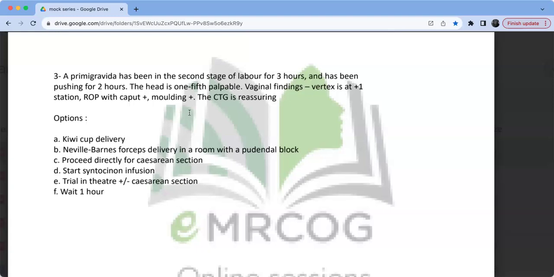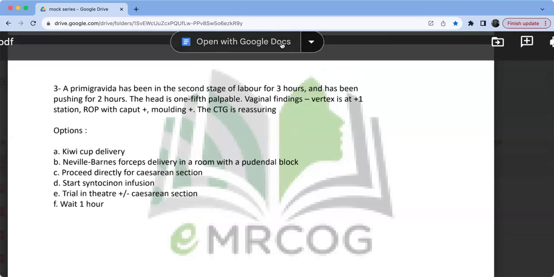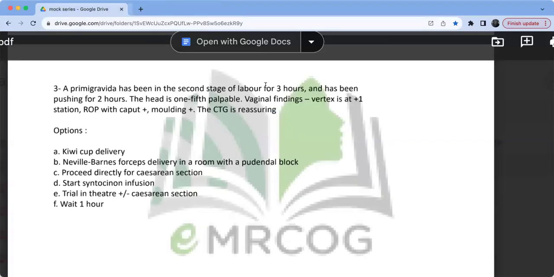Okay, so if it is +1, this is a mid-cavity, right? So for a mid-cavity, do I need rotation or not? It's right occipito-posterior. So what is the instrument of choice for this delivery? This should be a rotational delivery, right?